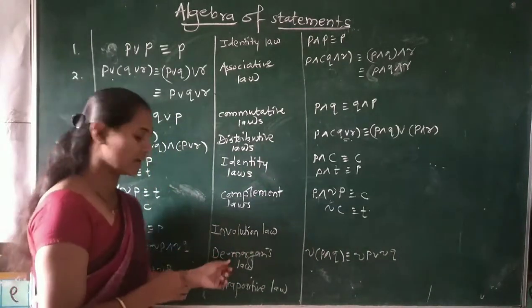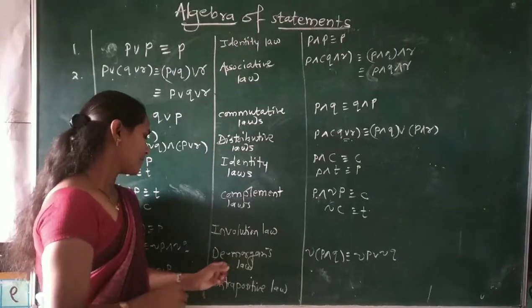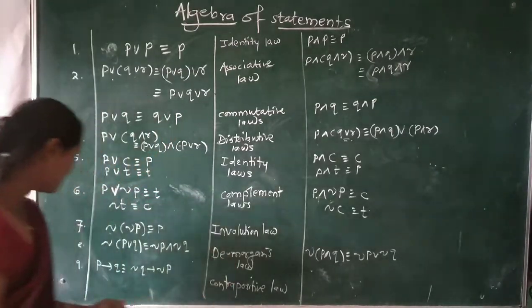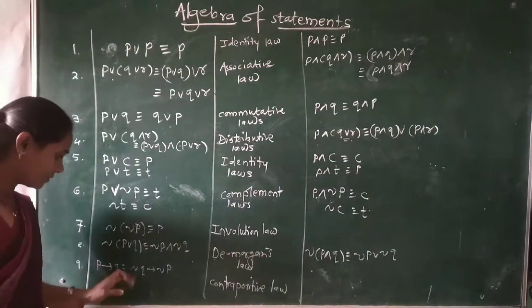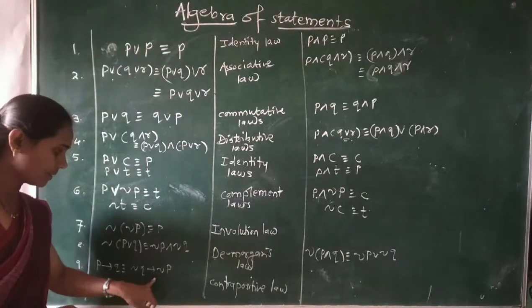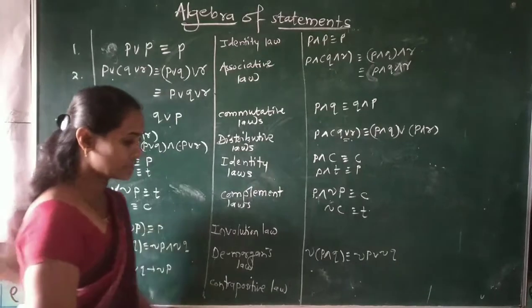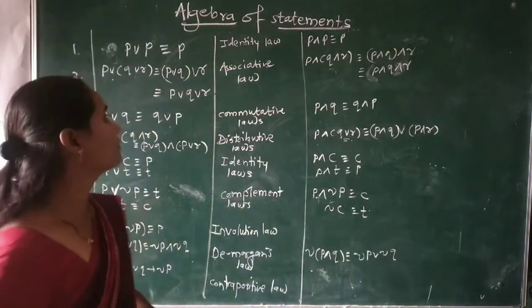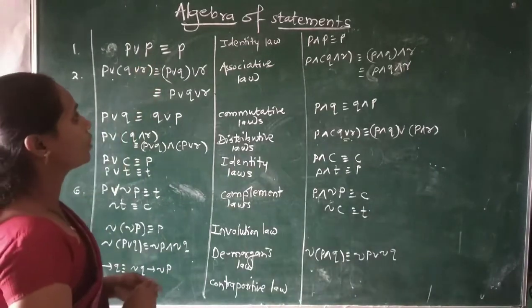In 11th standard, in chapter set functions, we see De Morgan's law in complement form. Now here, P implies Q is equivalent to negation Q implies negation P, which is called as contrapositive law. Now we see some examples with the help of these algebraic laws of statements.